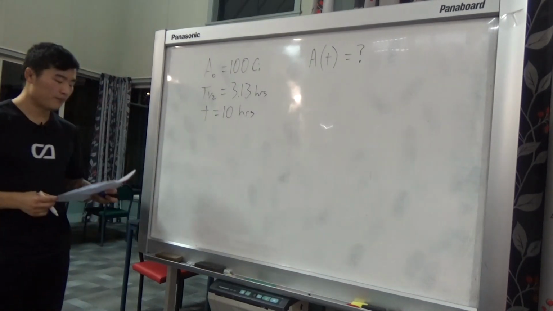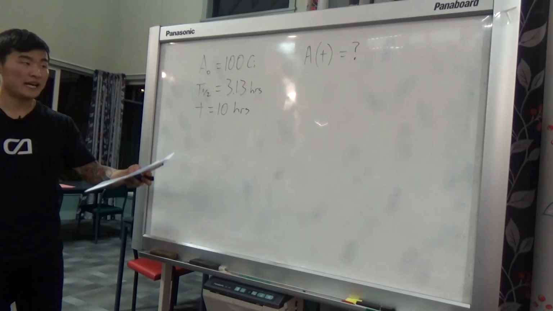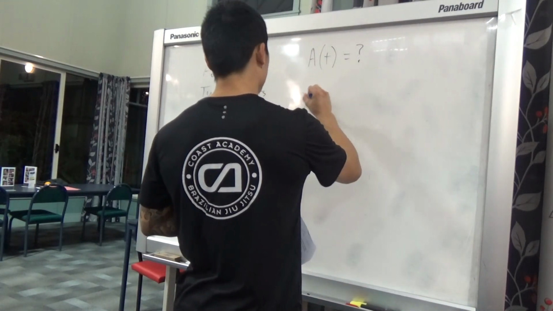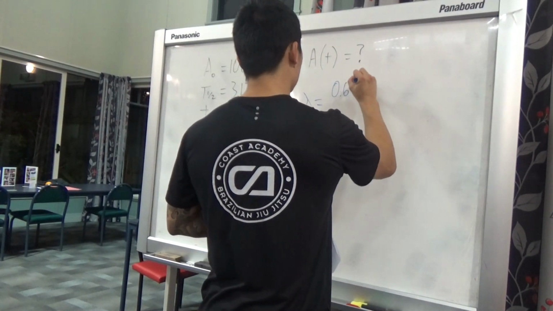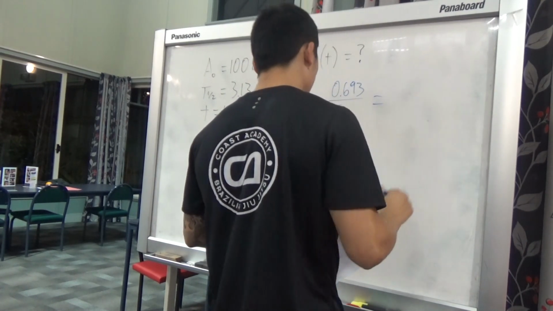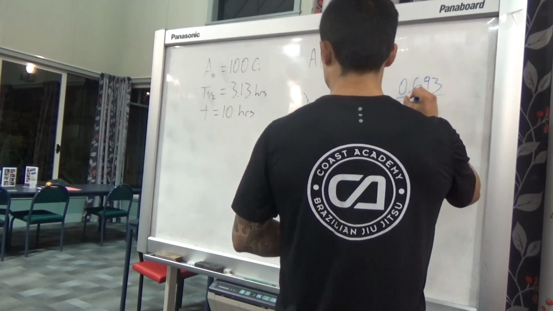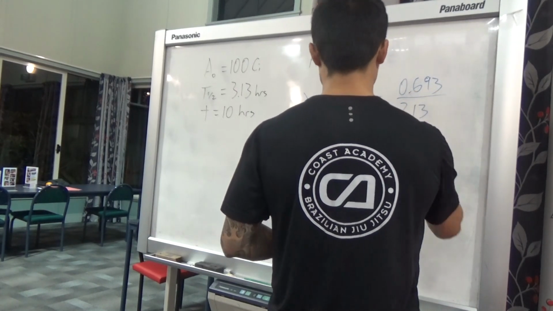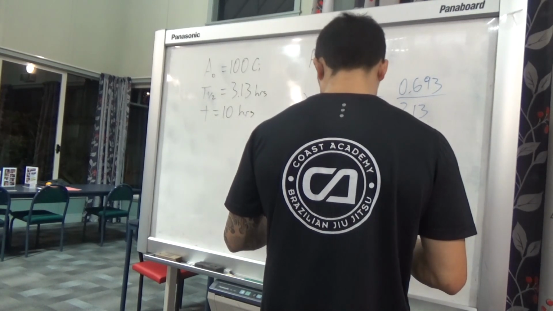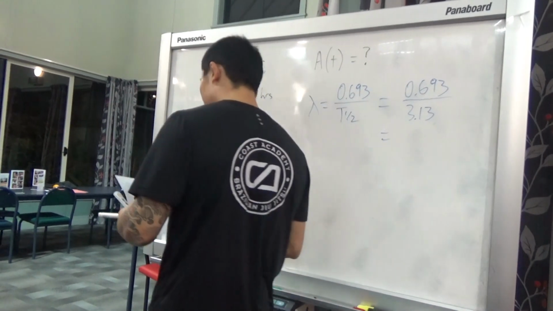Okay, so this time we actually have the time and the half-life both in hours, so we don't have to convert the half-life into seconds when we calculate our decay constant. So 0.693 over the half-life, and we're just going to leave it in hours. 0.693 divided by 3.13, so that's, oh, well, I did it a different way in my working.